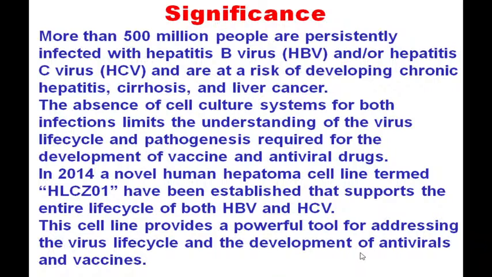But by the way, even in this very good cell line, infectious virions are not always produced in the cells. That is the problem. The virus replicates, but it fails to produce complete virions that can infect other cells.